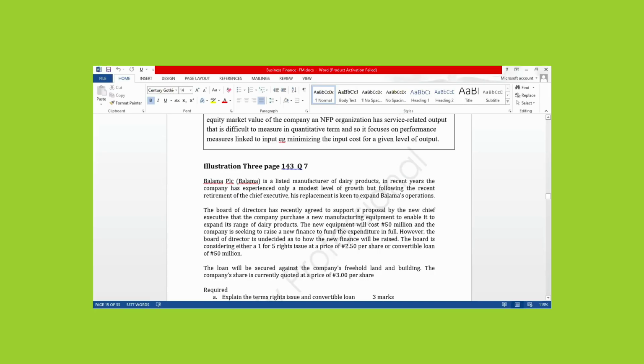That page has changed. Yeah, check page 152 in your study pack.